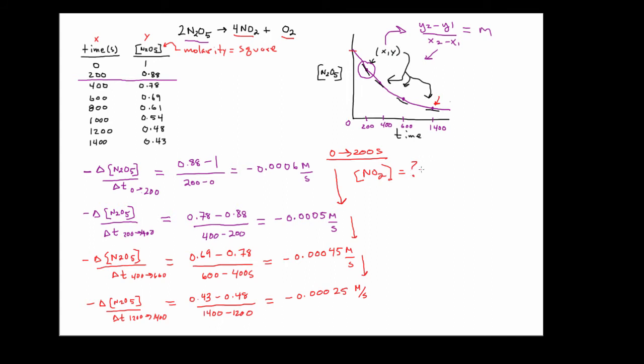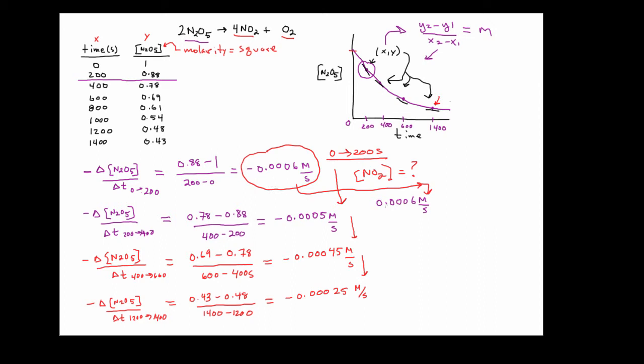So how do we find this? All right, so what we're going to do is use stoichiometry to solve that problem. And what I'm going to do is use the average rate of the N2O5 that we discovered for the time interval from 0 to 200. So I'm going to write that down here, and it'll be 0.0006. I'm going to drop the negative sign now because we're finding for a product, and it is being formed rather than disappearing.